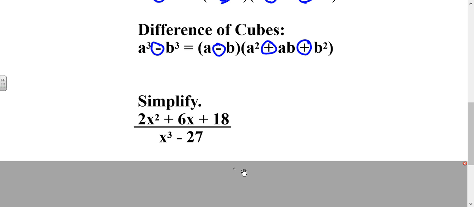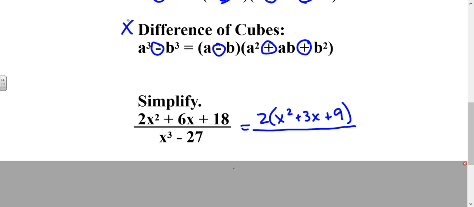On the top, I could factor out a 2 from everything. So if I divide everything by 2, then I would have left over x squared plus 3x plus 9. Okay, and then I can factor the x cubed minus 27 because that would be a difference of cubes.